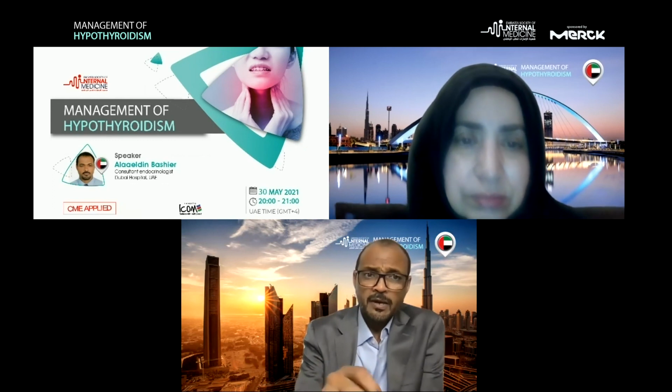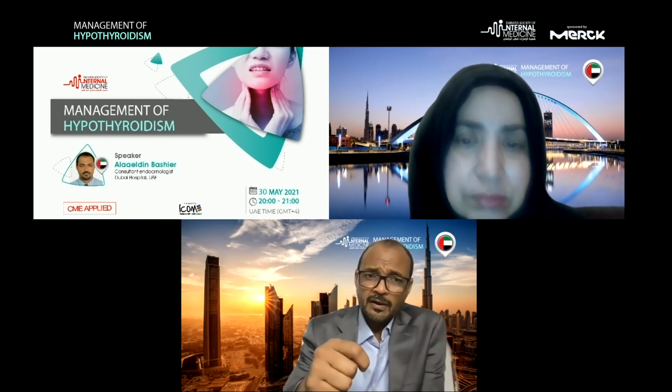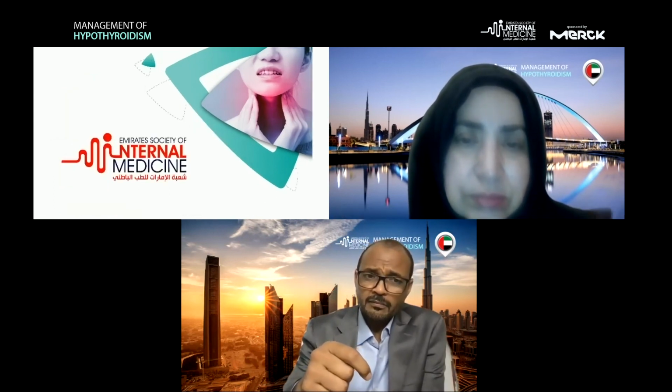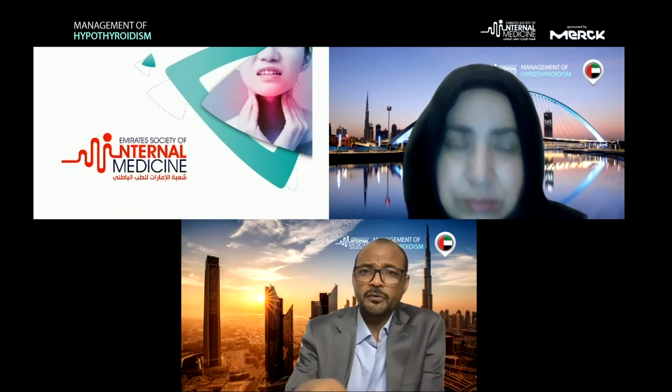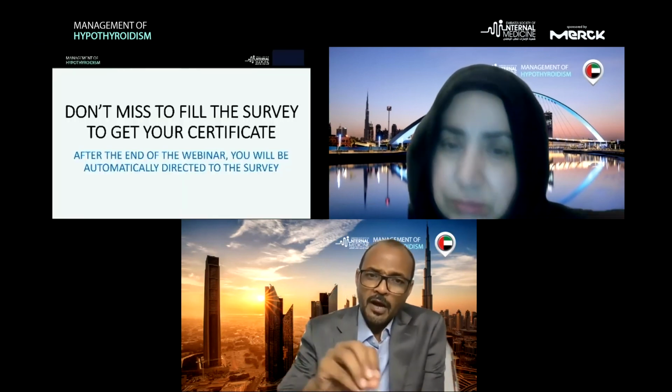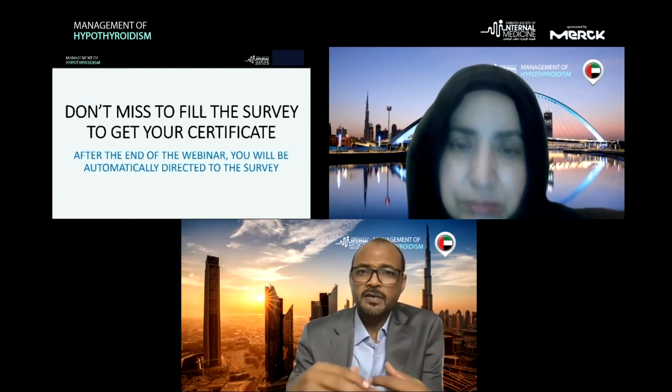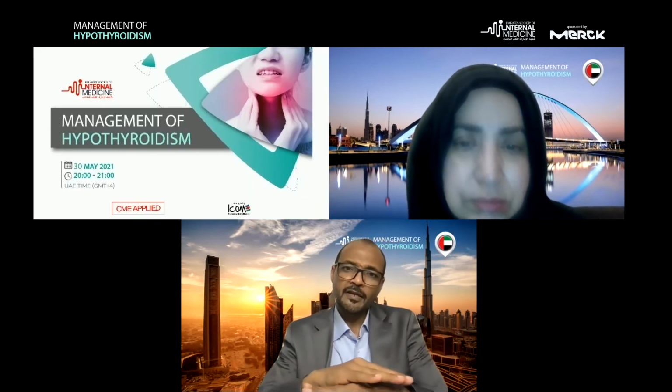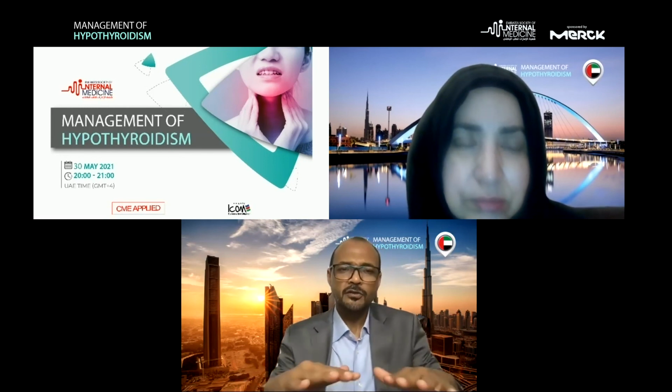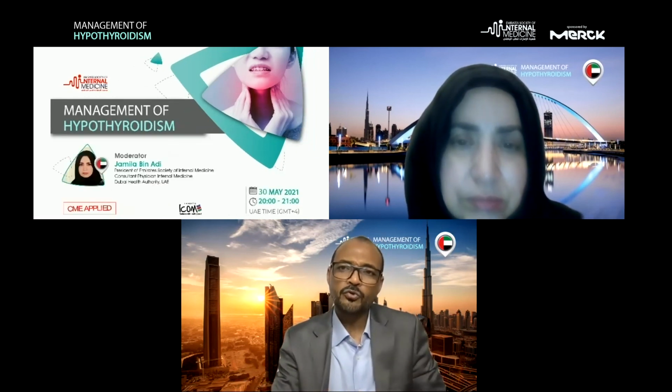And I have said in my presentation that if you have a patient with infertility, we have to screen for hypothyroidism and treat it in those patients. So we treat hypothyroidism during pregnancy. Our target, if I would like to set a target all through pregnancy, is to keep a TSH level below 2.5.